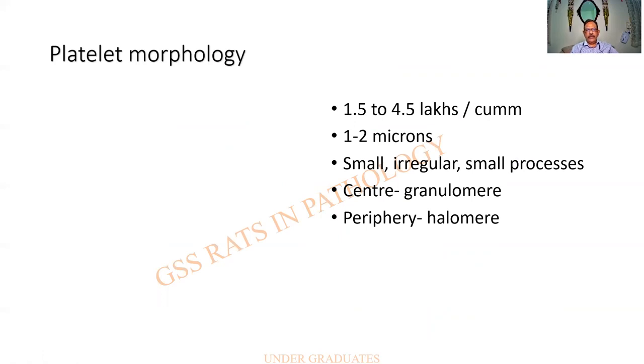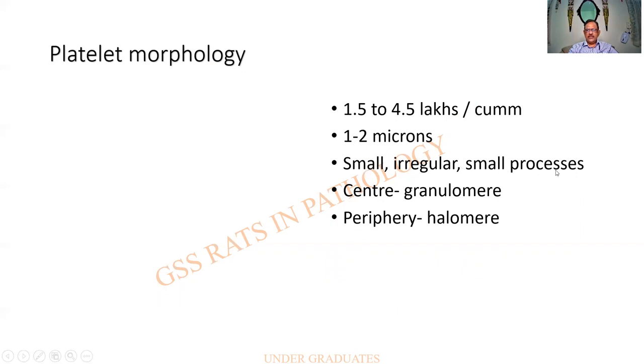The next friend of ours will be the platelet. The platelet is one of the smallest cells of the body and it hardly measures about 1 to 2 microns. You can say 1/7 of an RBC. The normal count is 1.5 to 4.5 lakhs per cubic millimeter. The size is about 1 to 2 microns. It is small, irregular.